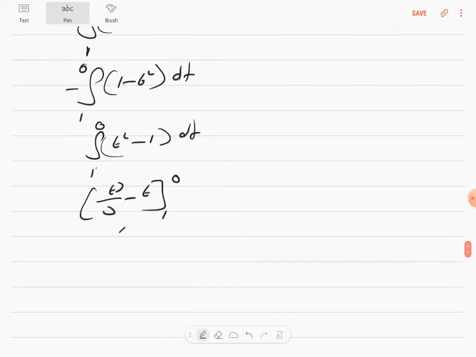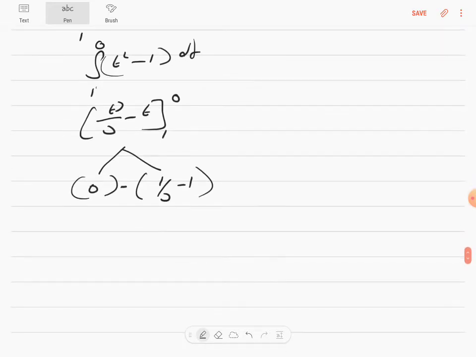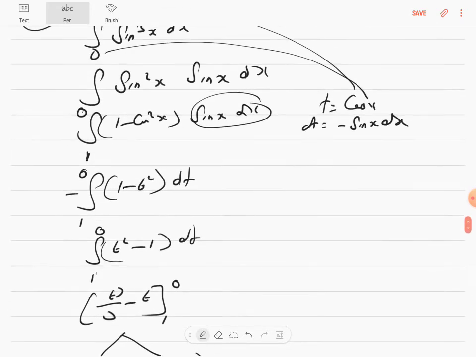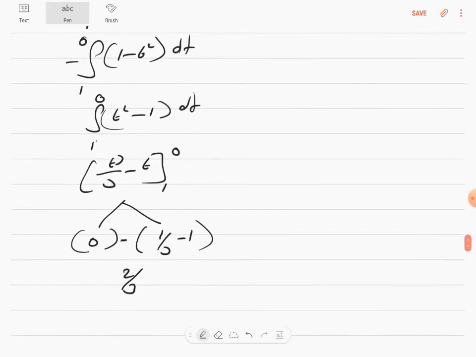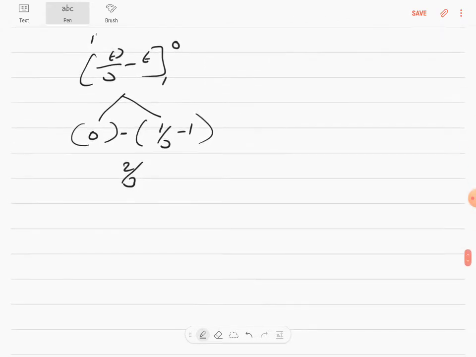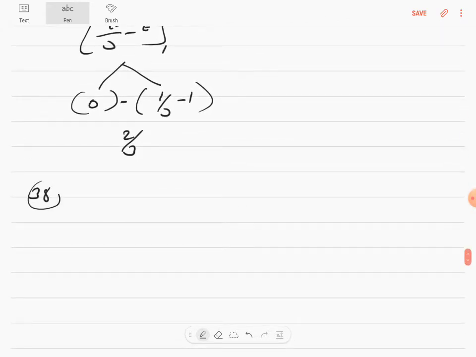Upper limit is 0 by 3 minus 0, ignore, minus lower limit is 1 by 3 minus 1. What is 1 by 3 minus 1? Minus 3 is minus 2 by 3, so plus 2 by 3 is the answer. And you have to prove this, okay, 2 by 3 is what you need to prove. Yeah, that's right. Okay, let's go to the 38th question.